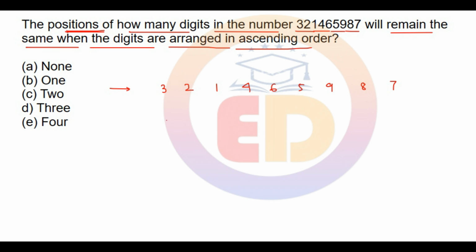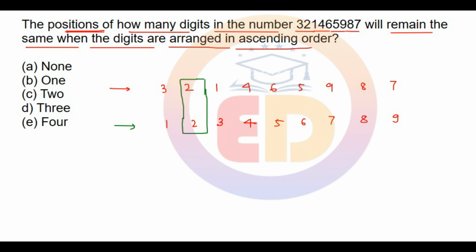Let us find out by arranging these digits in the increasing order. Increasing order will be 1, 2, 3, 4, 5, 6, 7, 8 and 9. And now let us see which digits are having the same place. I see 2 comes at the same place.